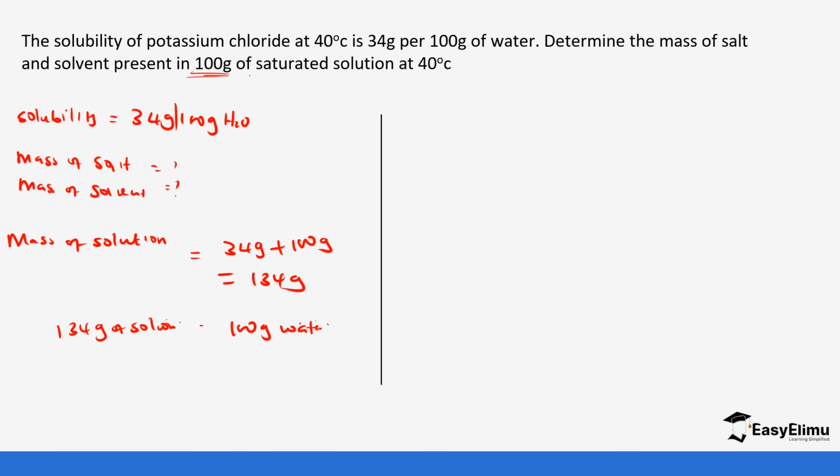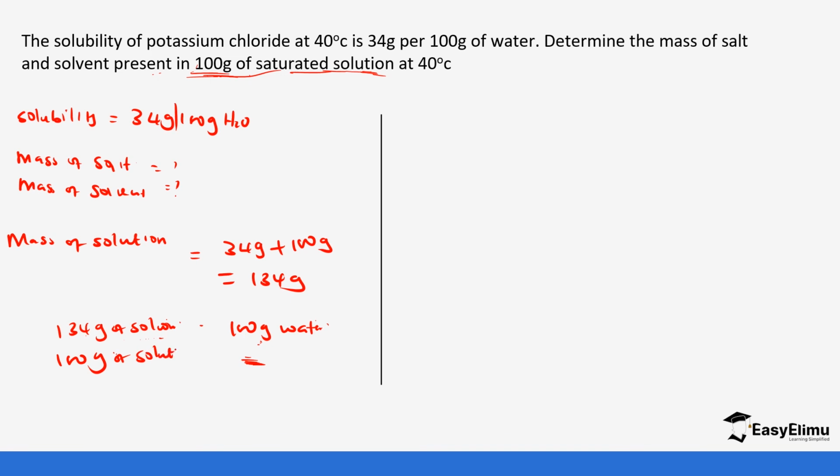So what about 100 grams of the solution? Because that's what you have been given. You have been told present in 100 grams of the saturated solution. That way we get to know the amount of water that we will need. So if 134 grams of solution contains 100 grams of water, what about 100 grams now of solution?